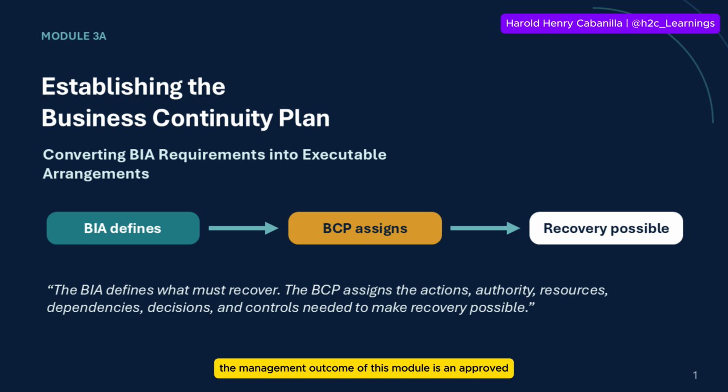The management outcome of this module is an approved, usable BIA-linked BCP. Its focus is plan establishment, not live incident command. We will therefore stay within the boundary of Module 3A. We will cover plan design, activation levels, dependency ownership, plan structure, asset loss arrangements, minimum acceptable capacity, recovery sequencing, and approval readiness.